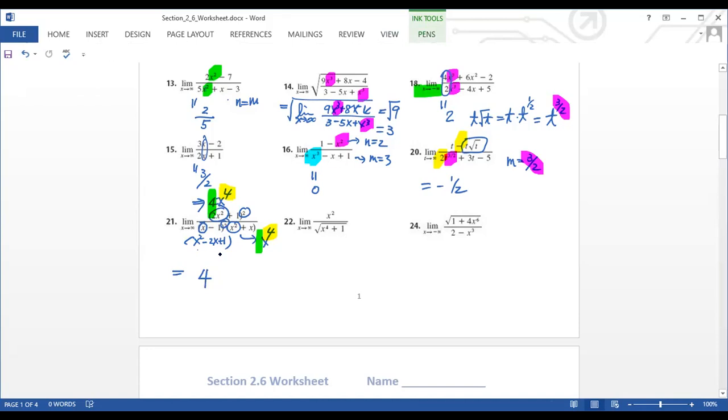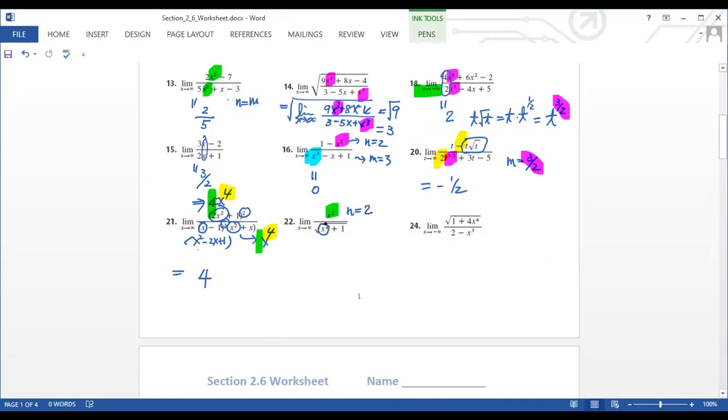Okay. Now let's take a look at number 22 here. The same way, this is x approaching infinity. The exponent is x squared, so n is equal to 2.